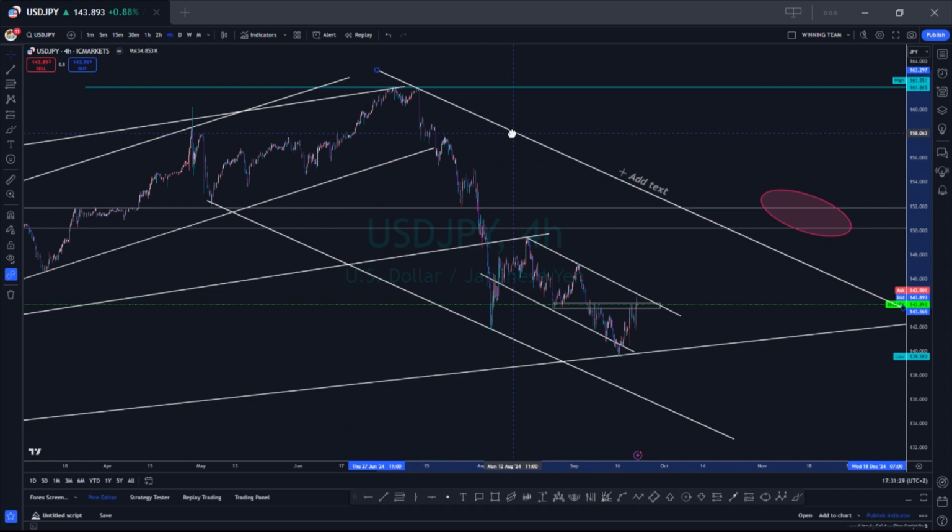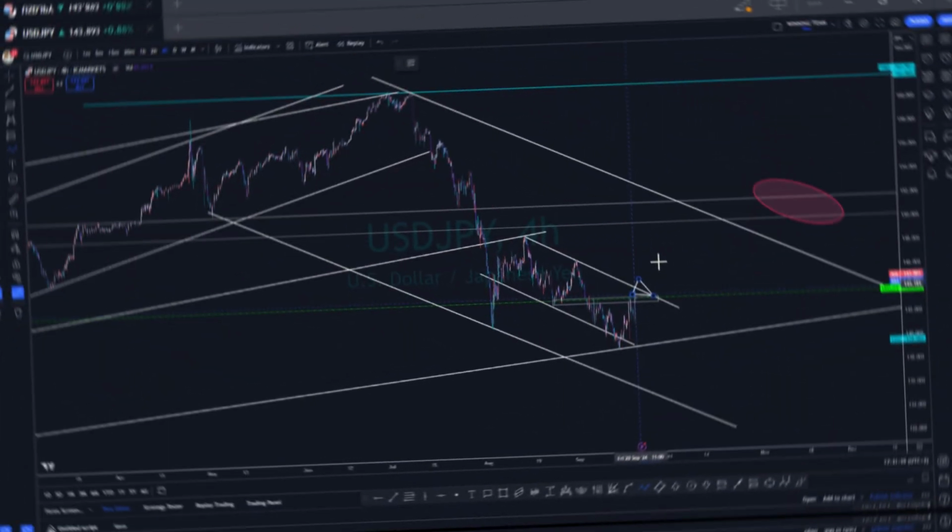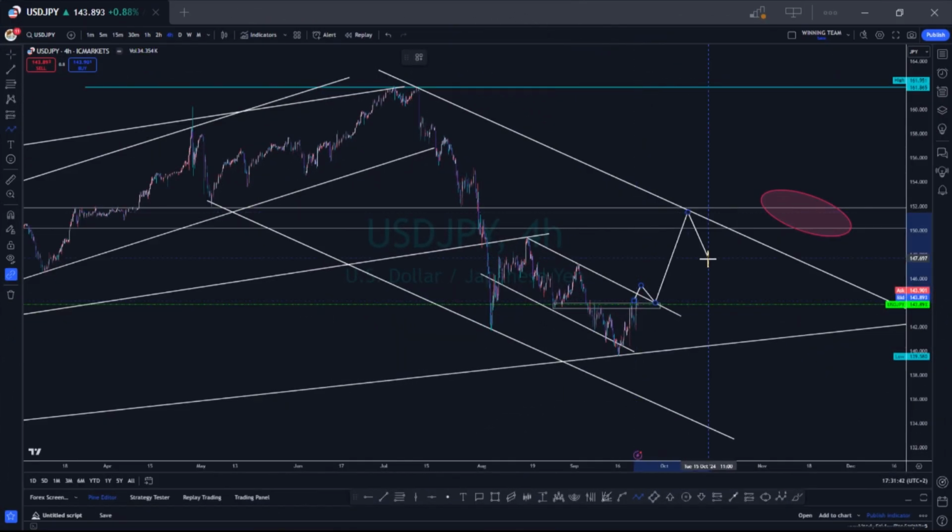Hence why I say we have a possibility of breaking and retesting here, and then pushing all the way up here to retest the structure before we can actually break the weekly support there.